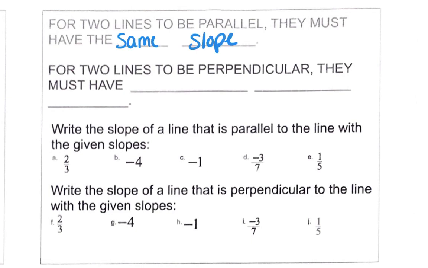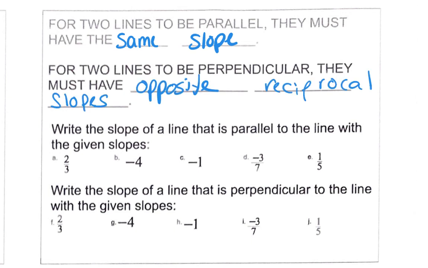For two lines to be perpendicular, they must have the, or must have three words: opposite reciprocal slopes. So take a moment and I want you to write the slopes of all the lines that would be parallel to a line with a given slope.